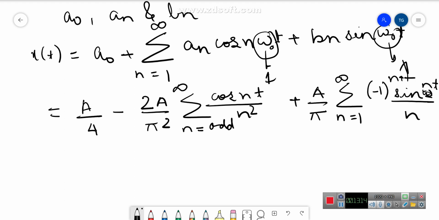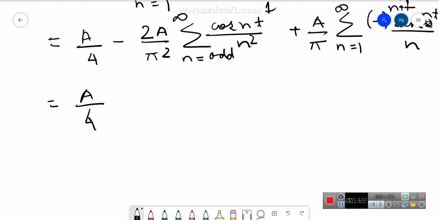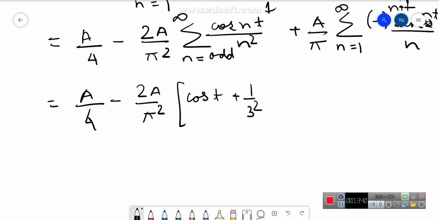So just bringing the common terms outside, what we will get is A by 4 minus 2A by pi squared into cos t. For n equals 1, this will be cos t plus 1 by 3 squared cos 3t plus 1 by 5 squared cos 5t, and so on.